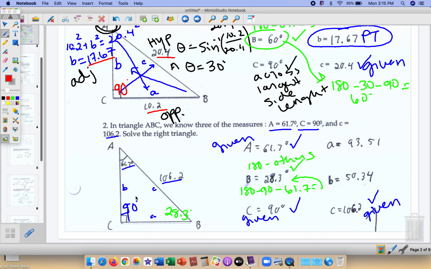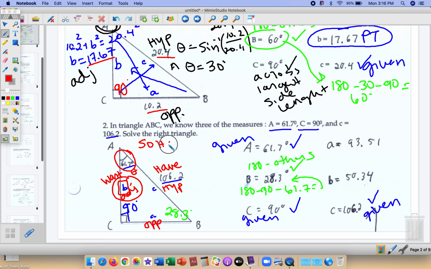I'm going to pretend that I want to find little b first. If I decide to work with angle A, I'm going to call that theta. I'm going to label this as the opposite, then little b would be the adjacent, then this is the hypotenuse. Now, if I want b, the only side that I have currently is this side.